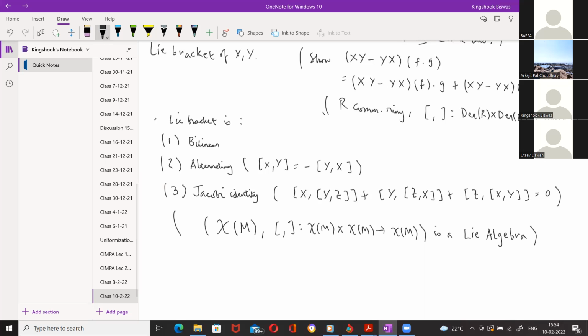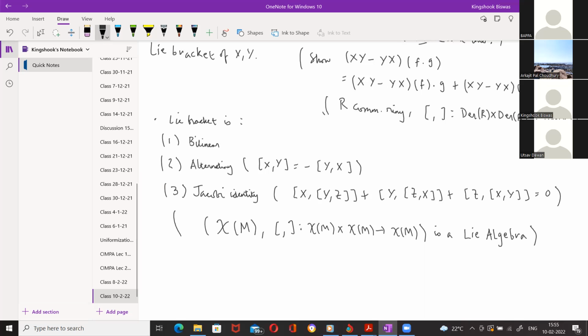And how do you get a Lie algebra structure? Well, you take any tangent vector at the identity. By left translations, you can transport this tangent vector to tangent vectors at all points of the group. So you get what's called a left invariant vector field on the group.